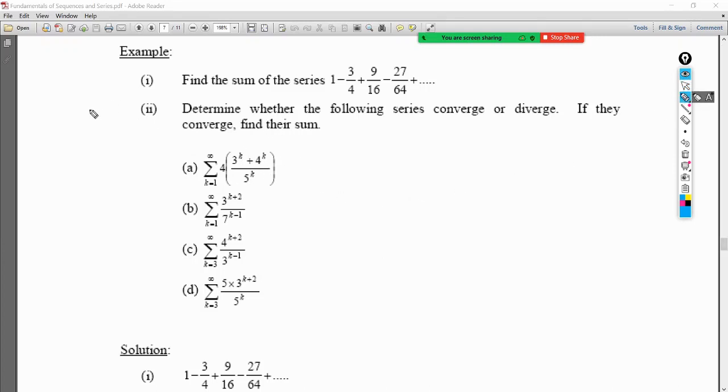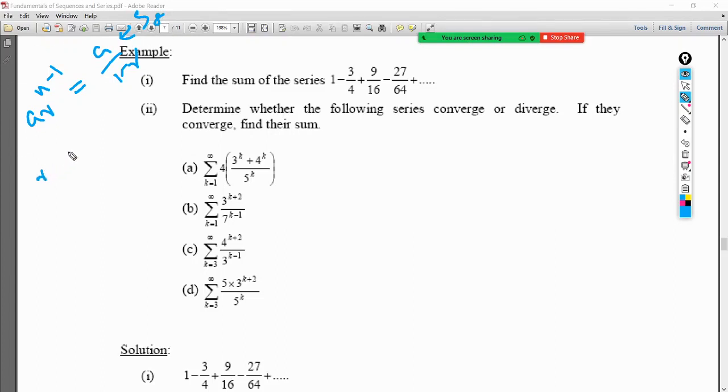What we know is that in a geometric series, the nth term is A R to the n minus 1, and S infinity is A divided by 1 minus R. But that is only when R is between minus 1 and plus 1.